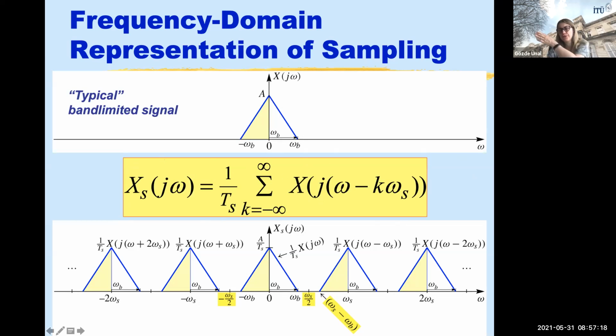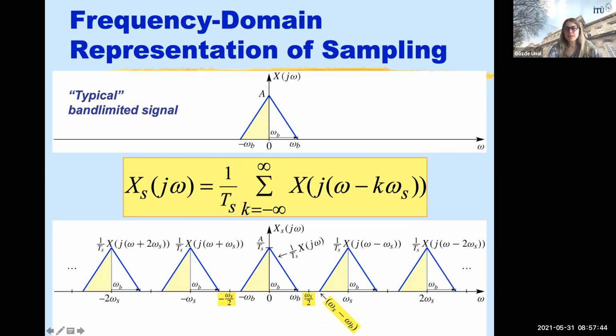This goes on forever. Now k equals minus 1: take this spectrum, shift it to minus omega s. K equals minus 2: shifted to minus 2 omega s. Again, we have infinitely many replicas on both sides, and the magnitude of the spectrum is multiplied by 1 over Ts.